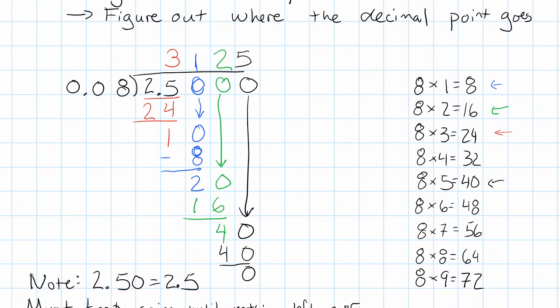I'm going to write out the multiplication. So I've got 3125 times 0.08, and I want to get 2.5000.